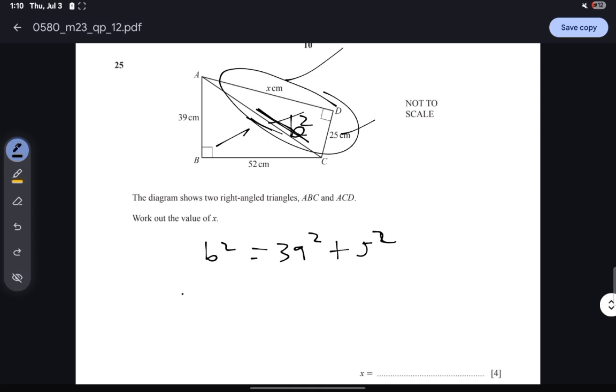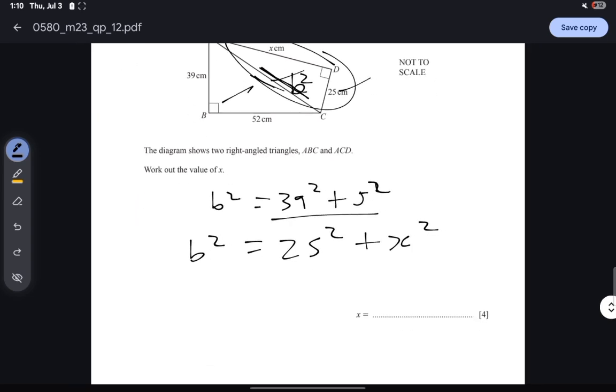So we'll say B squared is equals to now what? 25 squared plus x squared. But we know that B squared is this. So 39 squared plus 52 squared is equals to 25 squared plus x squared.